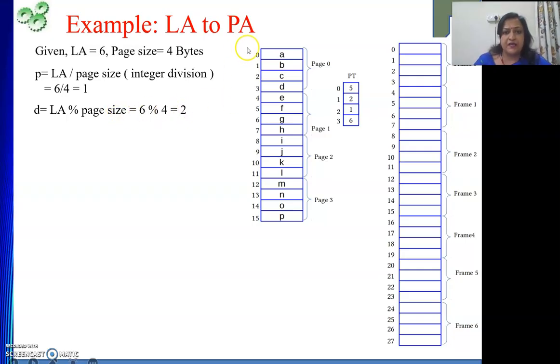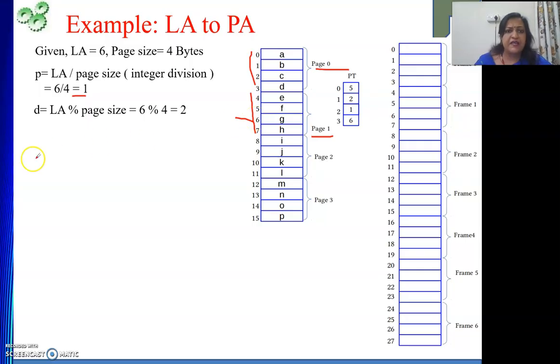So see here, this is my logical address space, this is 6. So this address 6 is in page number 1, that we have got here. See, this is page number 0 where the first 4 bytes are there, then the next 4 bytes are here. So in page number 1 we'll get the address 6.